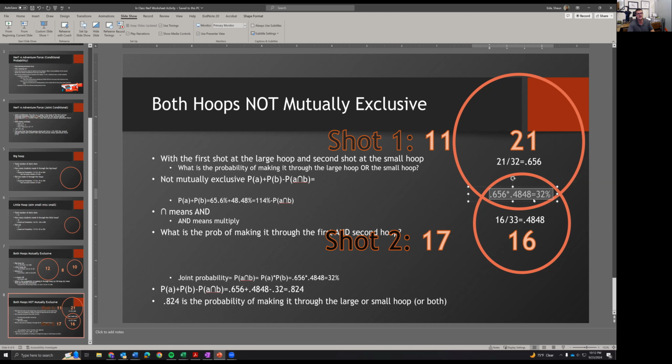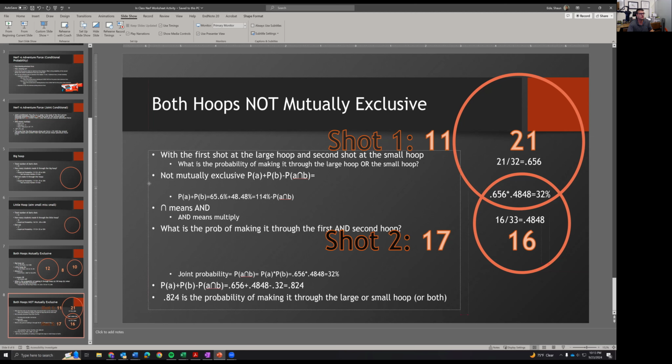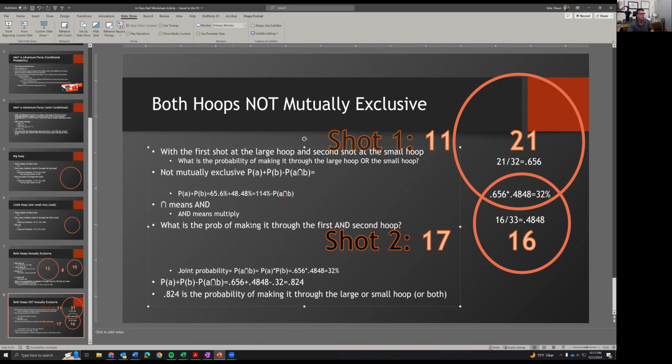So 32% of individuals made it through both. And the way that we got that, this little n right here means and, which means multiply. So how are we going to do this? What is the probability of making it the first and second? So this is the joint probability.